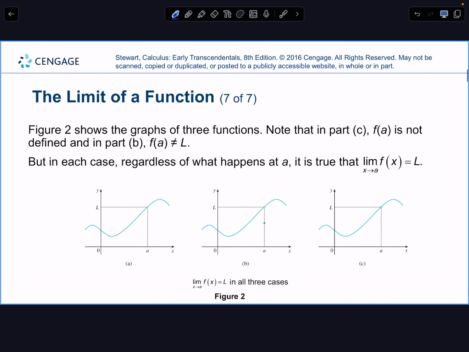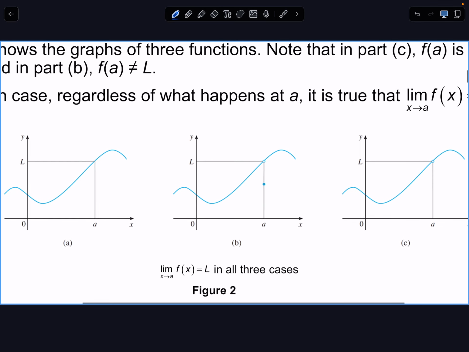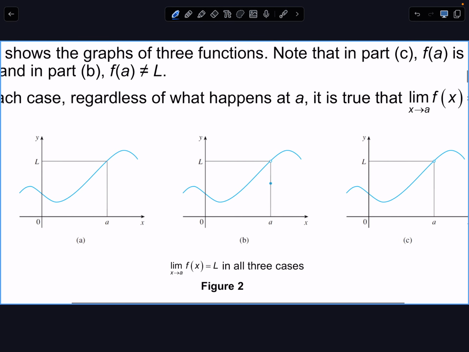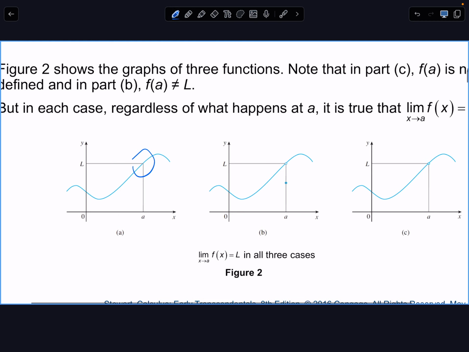Okay, so here are some examples of functions, and here are some cases where the function f has a limit at L. So right here, notice it's a smooth, continuous curve. There's no break. There's no little hole in the curve. So there you go. It has a limit at L as x approaches a. Notice here on this one, it has a hole there, right?